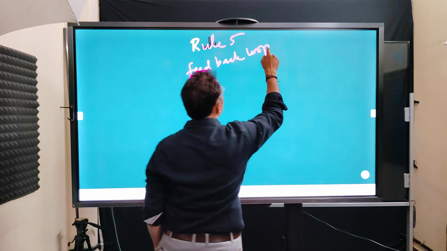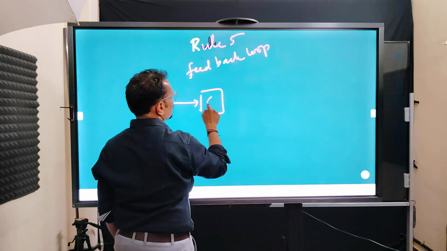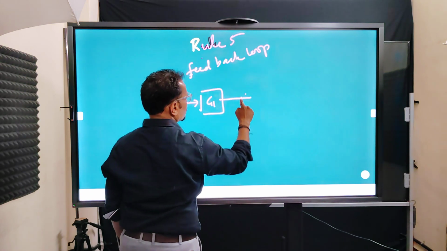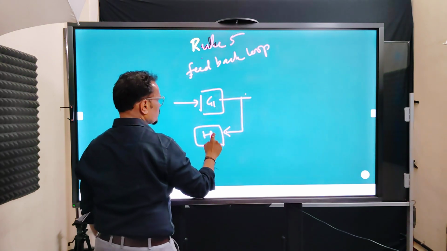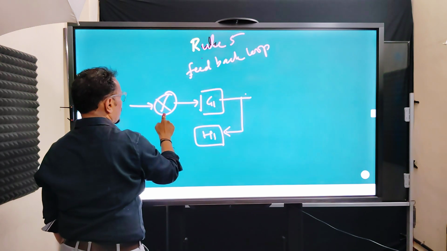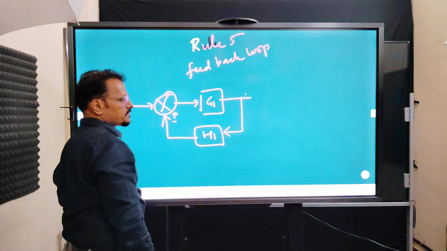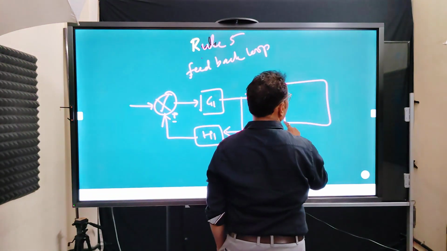So as per that feedback loop, if you find two things, one as this, and it is getting feedback here as H1 and is giving feedback here as either plus or minus, this can be replaced with one block.